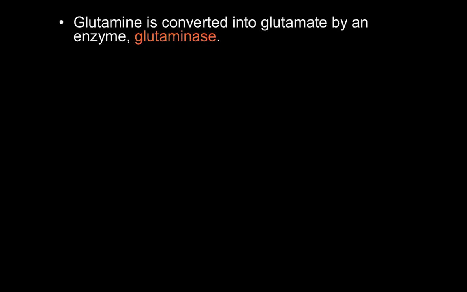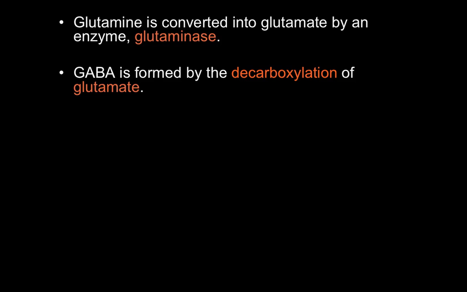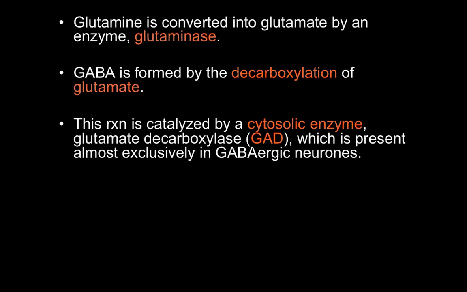So glutamine is converted into glutamate by an enzyme glutaminase. GABA is formed by the decarboxylation of glutamate. This reaction is catalyzed by a cytosolic enzyme called glutamate decarboxylase, or GAD, which is present almost exclusively in GABAergic neurons.